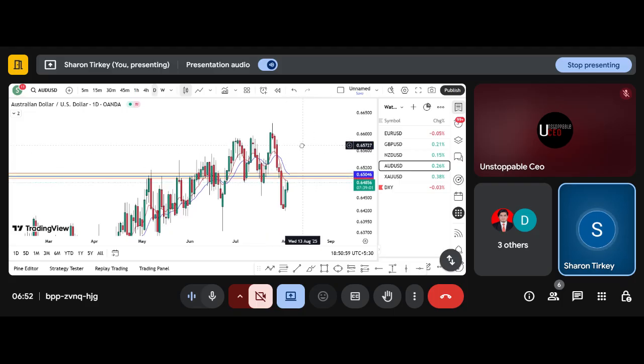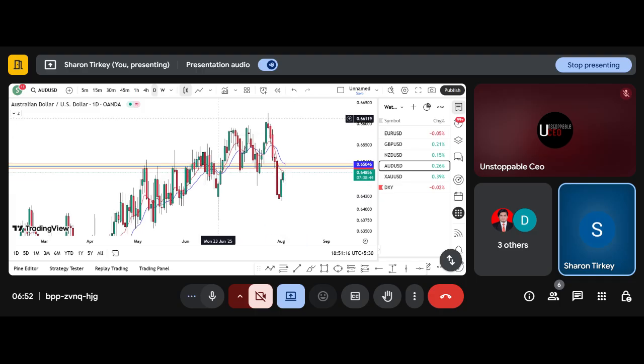How you should know whether the trend is up or down: this is 8 EMA and this is 14 EMA. When it crosses downsides, it's called downtrend, and when the 8 EMA crosses upside, it's called uptrend.